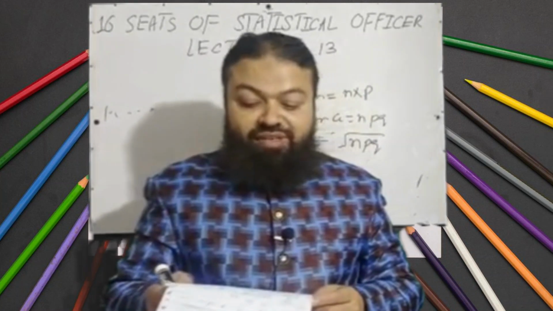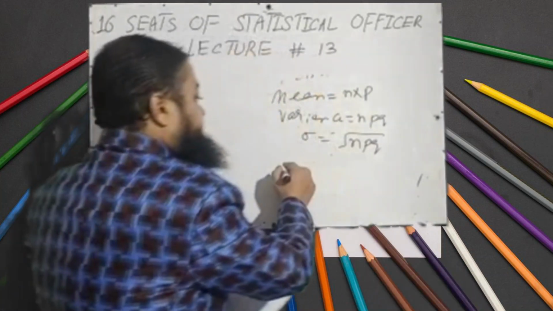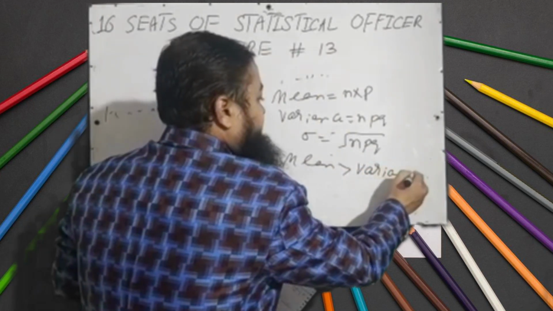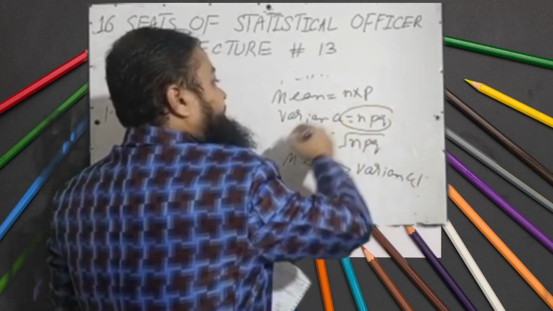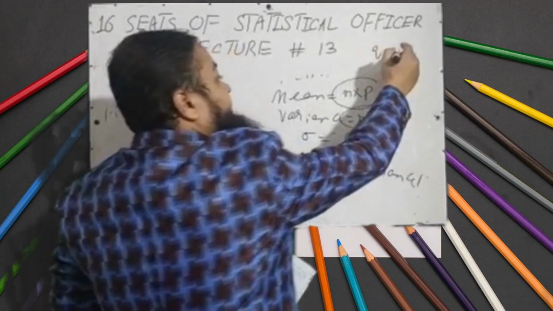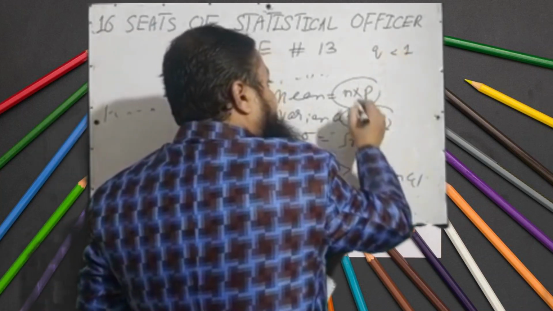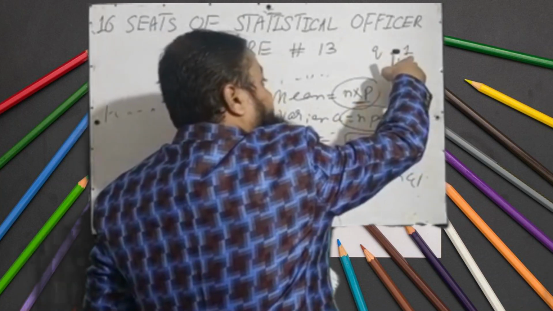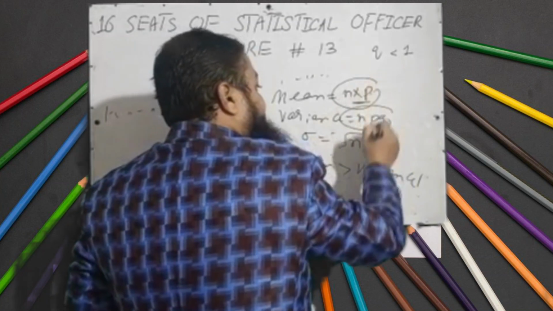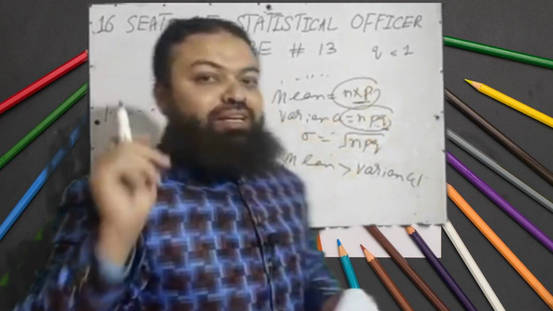Next question number 11: mean is always greater than its variance. Please keep in mind, because npq is the variance and mean is np, q is always less than 1. When we multiply any number with the quantity which is less than 1, it is reduced, it is decreased. That's why np is always greater than npq in the binomial distribution.